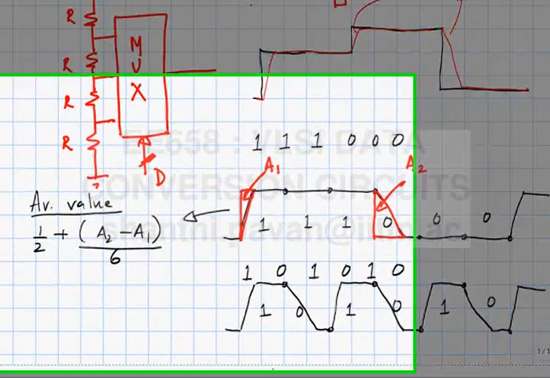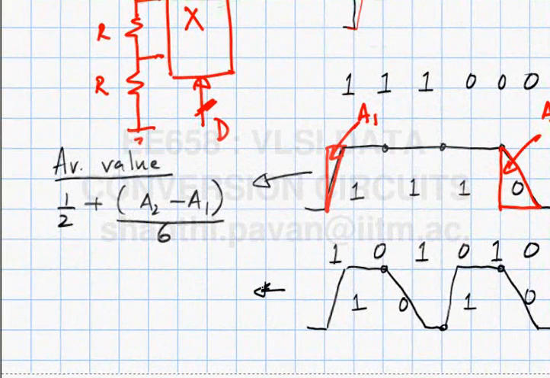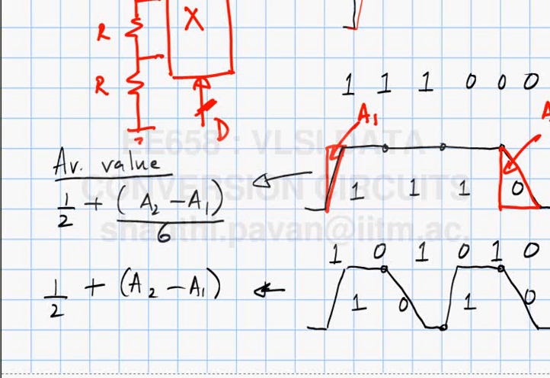What is the average value of this one here? Half plus (A2 minus A1) by the period. So now can you comment on whether it's a linear system or not?